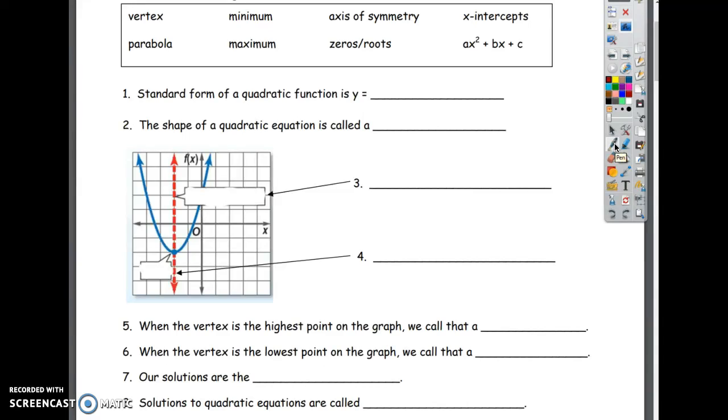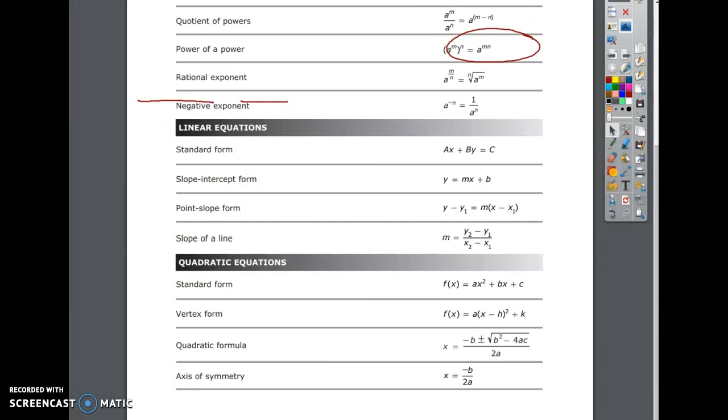Okay? So for number 1, standard form of a quadratic function is ax squared plus bx plus c. And that can also be found right here where it says quadratic equations, standard form.